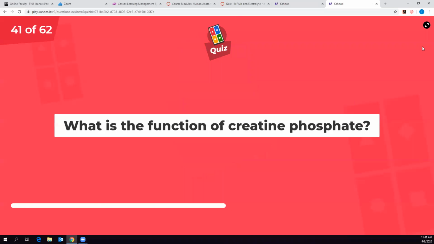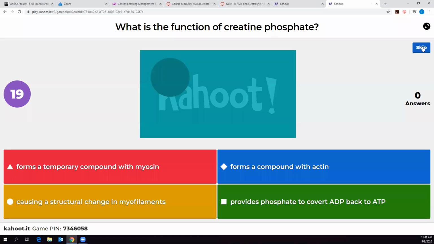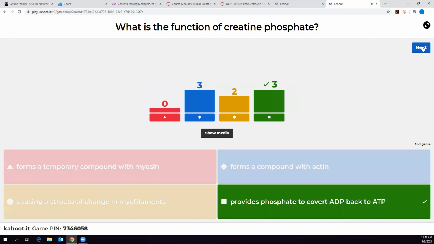Okay, what is the function of creatine phosphate? All right.